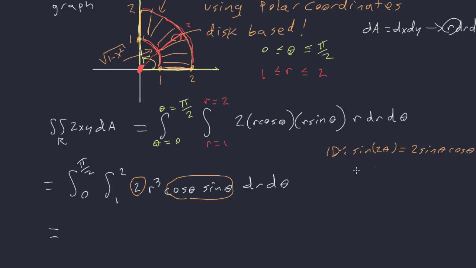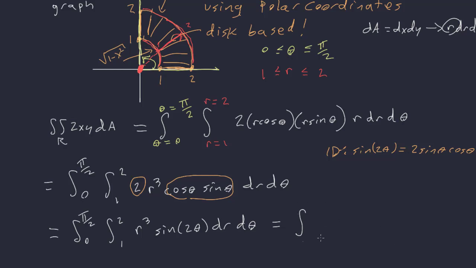Whenever we see that in an integral, it's in our best interest to replace it with this. It keeps us from having to do a u substitution or something crazy like that. So what we're going to have is r cubed times sine of 2 theta dr d theta.